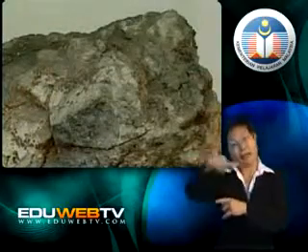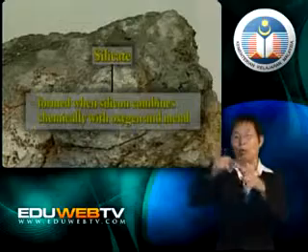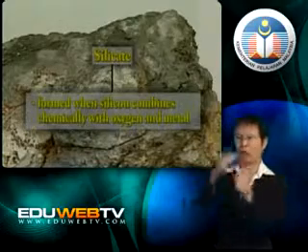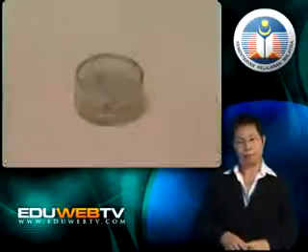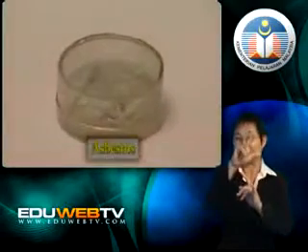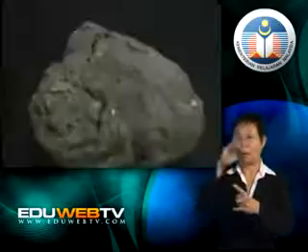On the other hand, silicate is formed when silicon combines chemically with oxygen and metal. Examples of silicates are asbestos, mica, and clay.